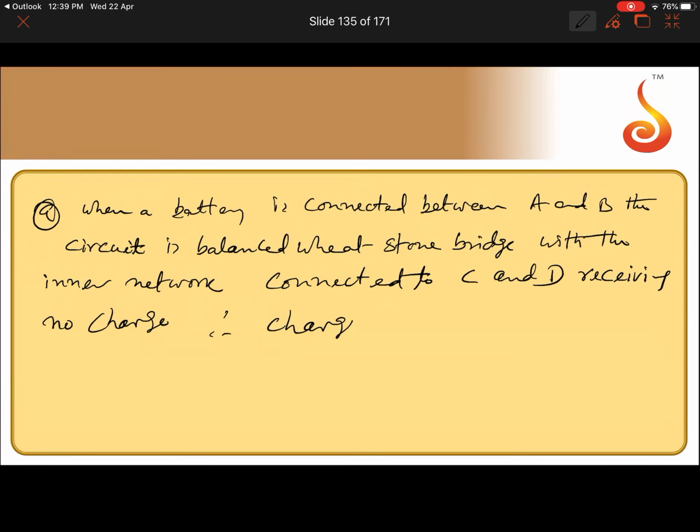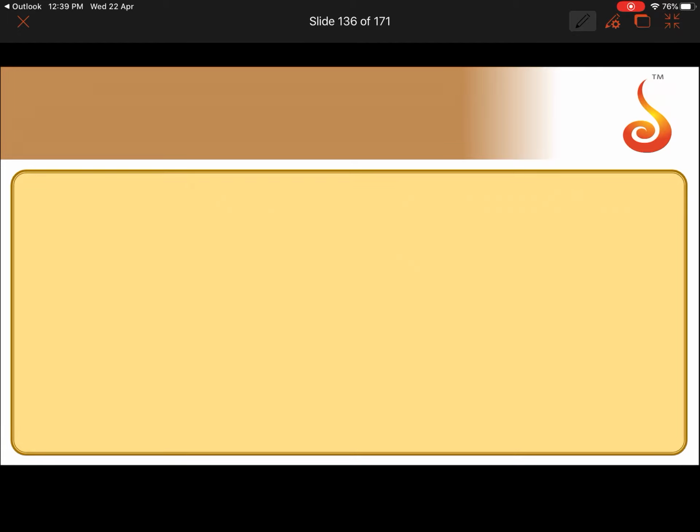Therefore, the charge on 1 and 2 is equal to 0.